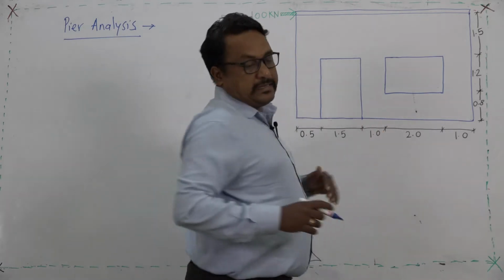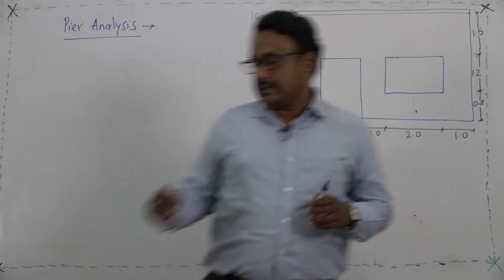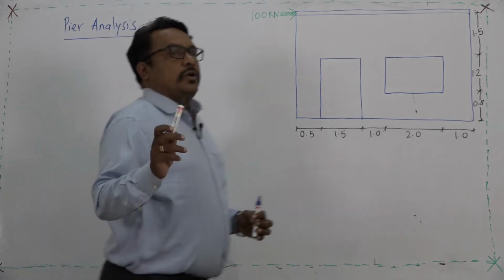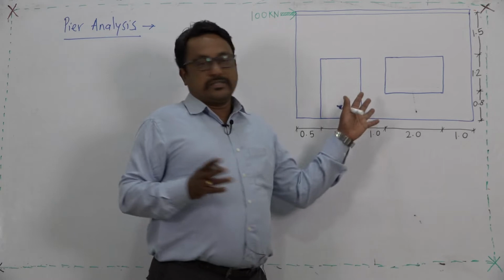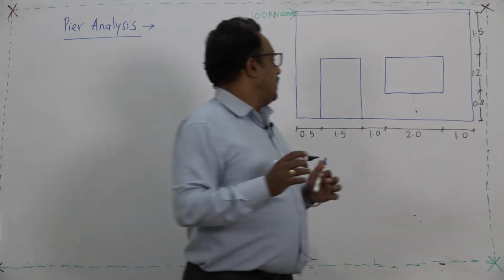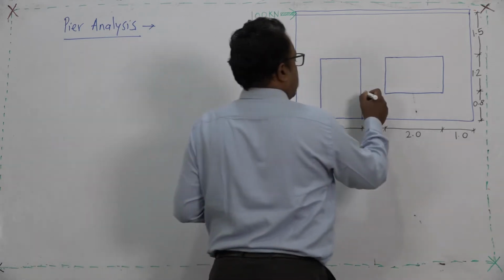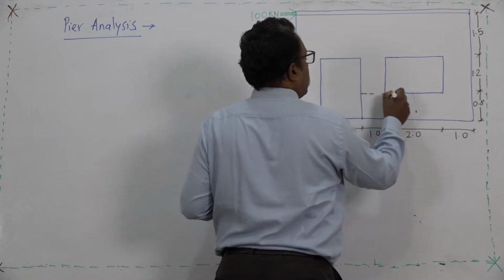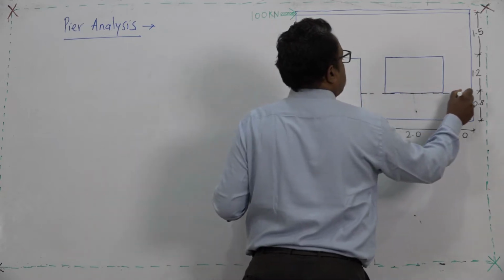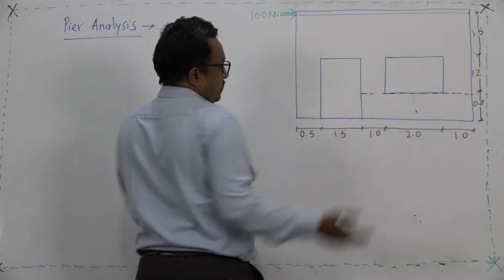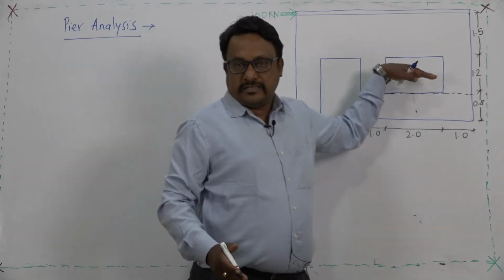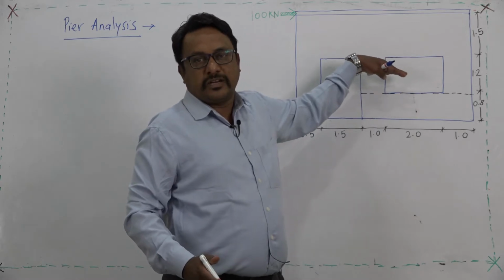In the pier analysis, the important task is to name the piers, which is called the nomenclature of piers. Let us start here. I will bifurcate the given wall into different piers. This is the first identification, where there will be a sill beam at the sill level.